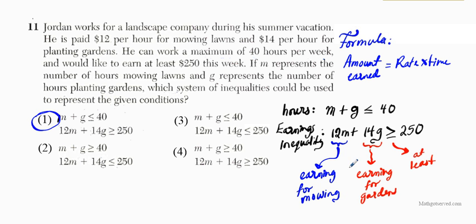So we have the earnings for mowing plus the earnings for gardening, which is the product of the hourly wage times the number of hours worked. The requirement is that the earnings should be at least. So at least means greater than or equal to, it can be more. Okay, so that is why our answer for number 11 is option number 1.